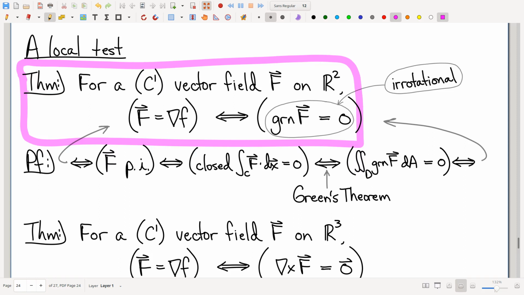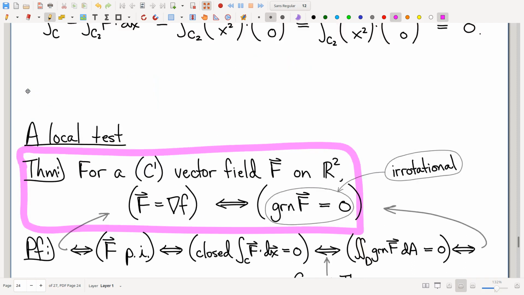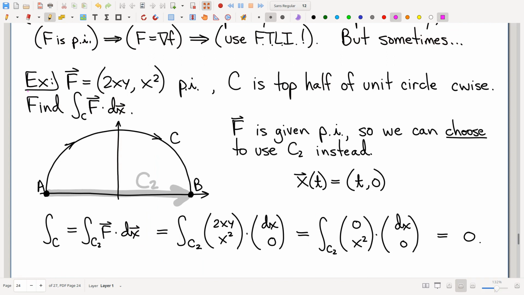But if you want to know if you have one of these special vector fields, this says all you got to do is compute Green's operator, see if you get identically 0, and if you do, simple computation, a couple of partial derivatives. If you get flat 0, boom, yes, gradient, path independent. Just like we had up here, where I just took it as a given that this was path independent. That theorem that we were just looking at is how I knew this was going to be path independent.